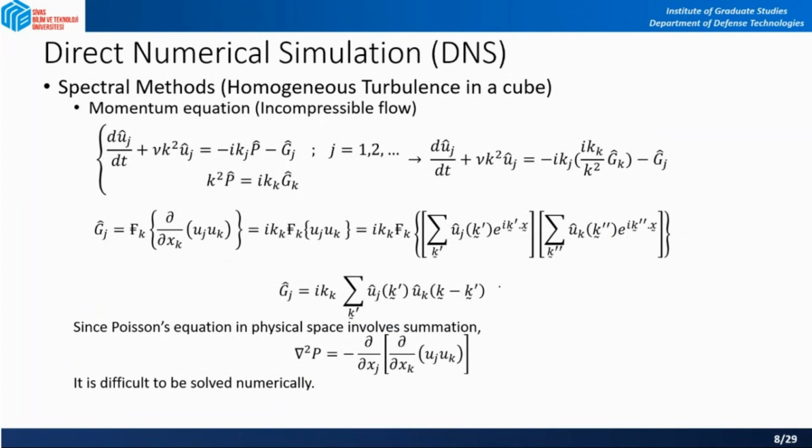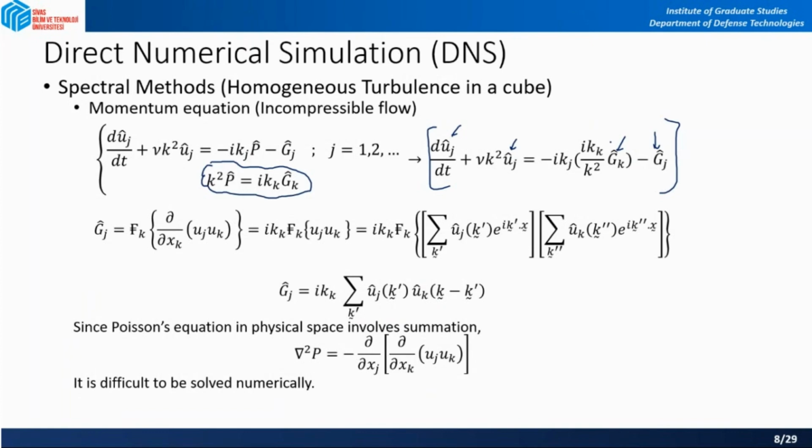That p hat can be replaced in this equation with the Poisson solution that you obtained, and then you will get this equation. I'm trying to obtain relations between g hat and u hat, so that everything is written based on one single term.